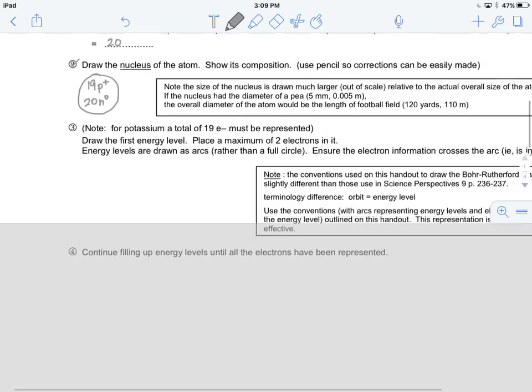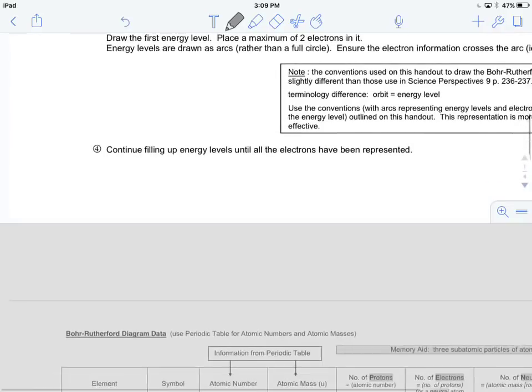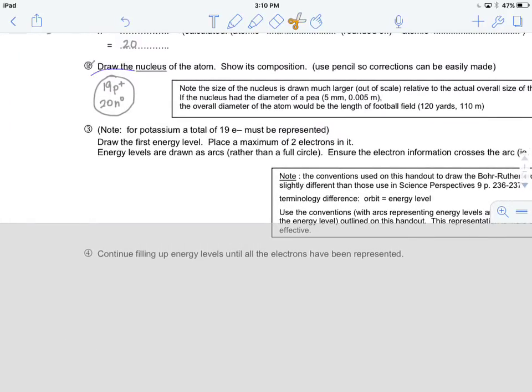So potassium has 19 electrons. We must now draw our electrons and energy levels. And we know that there's 2 electrons inside the first energy level. So we have our nucleus, and you can just copy this.